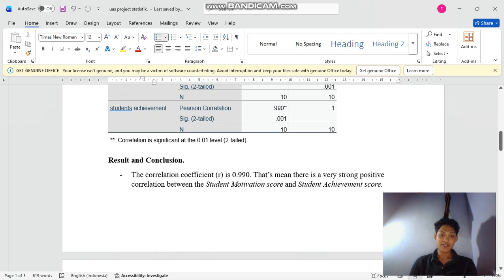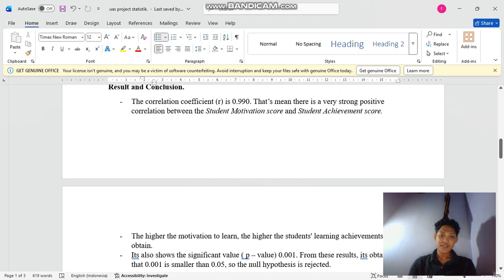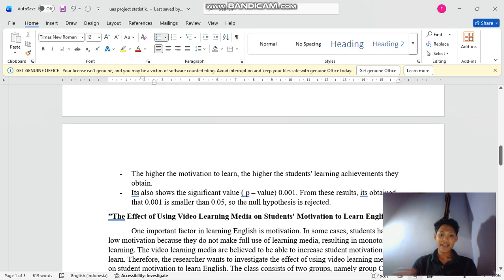So the conclusion: the correlation coefficient is 0.990. That means it is a very strong positive correlation between the student motivation score and student achievement score. The higher the motivation to learn, the higher the student learning achievement they obtain.